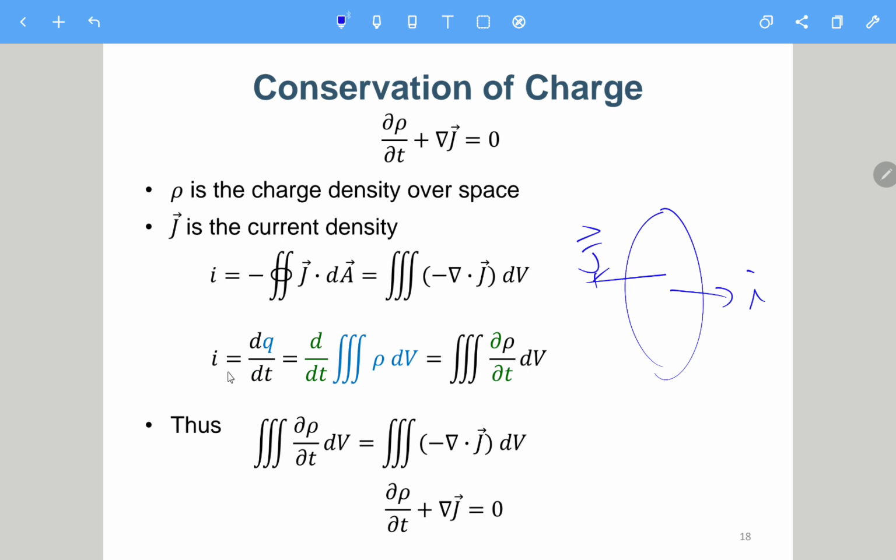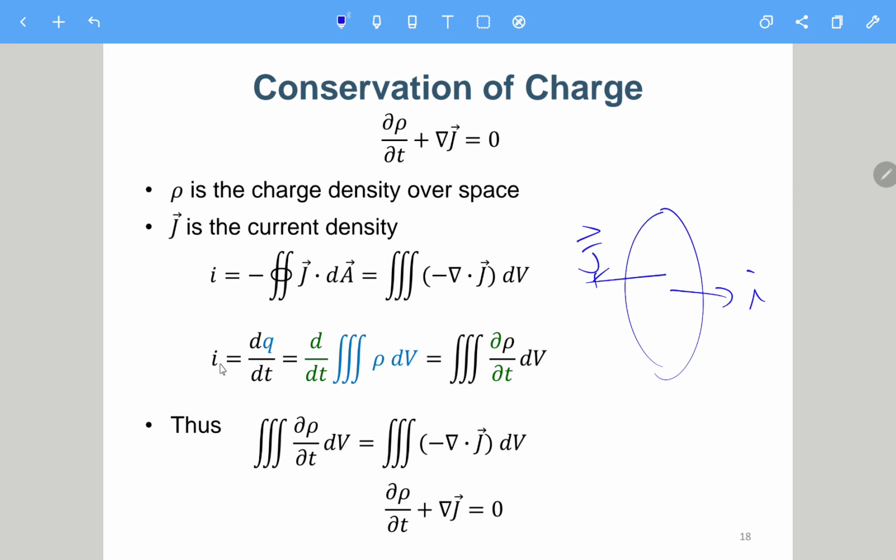And in the other case, I equals dq dt from the charge point of view, which means that if you consider a region and the charge amount is changing, then there should be some current going in or going out to make the charge different.